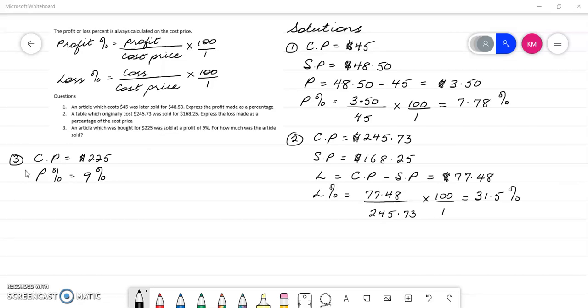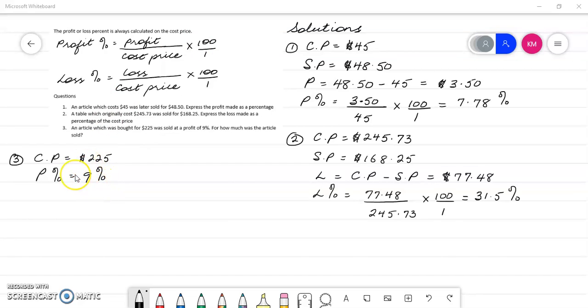The question is asking us to calculate selling price. Now, if you look back at the formula here for profit percent, you're going to see profit percent is profit over cost price multiplied by 100 over 1. So they already gave us the profit as a percentage.